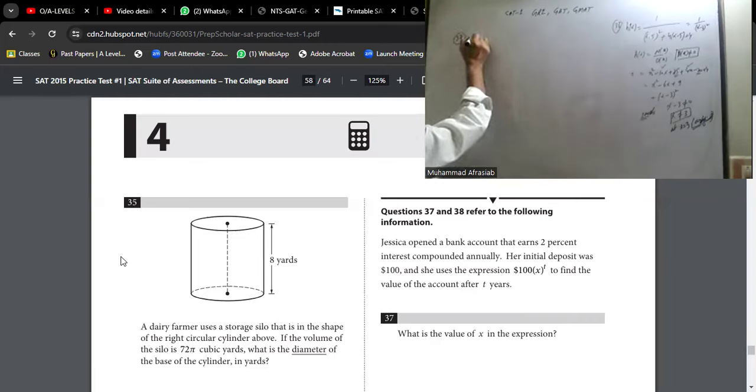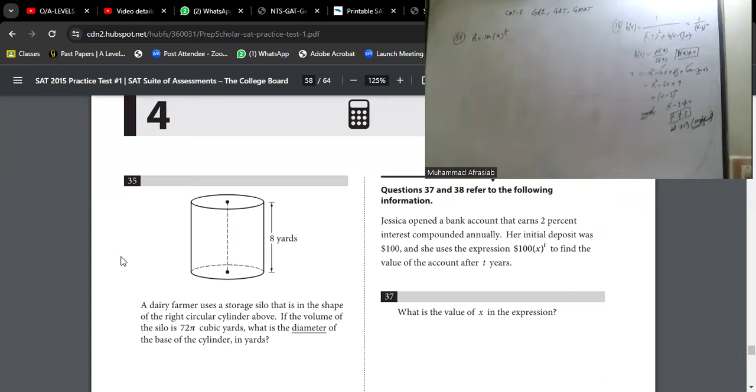Our answer A is equal to 100 times x to the power t. Now, what is the value of x in this approximation? We know that she is going to earn compound interest at 2%.